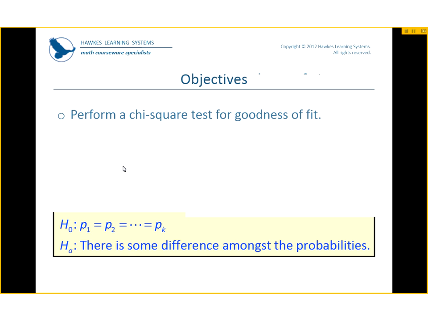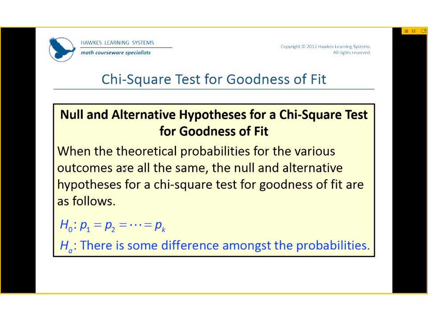All right. There are two different alternatives, null and alternative hypothesis, for this chi-square test of goodness of fit. The first one is that all the probabilities for the various outcomes are the same. You'd write it as probability 1 equals probability 2, all the way through the last category, for the null.